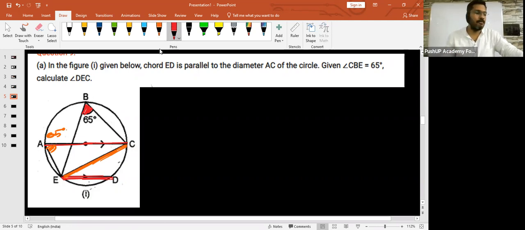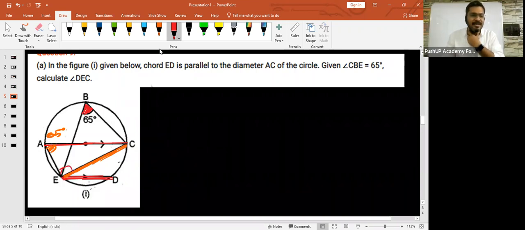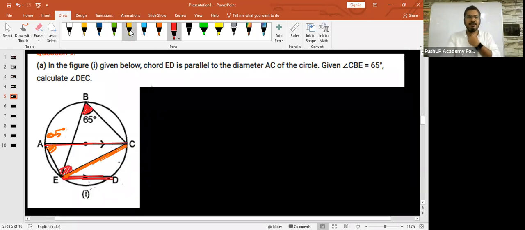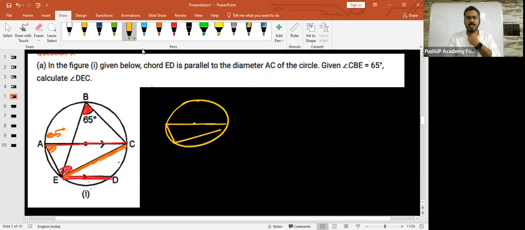As I told you, children, what is AC? AC is the diameter. And how much angle does a diameter subtend on the circumference of the circle? 90 degree. Can't I say this angle AEC will be equal to 90 degree? Yes. So children, I'll just draw one more circle here. You know, in this triangle, which is A, E, C, this angle is equal to 90 degrees.